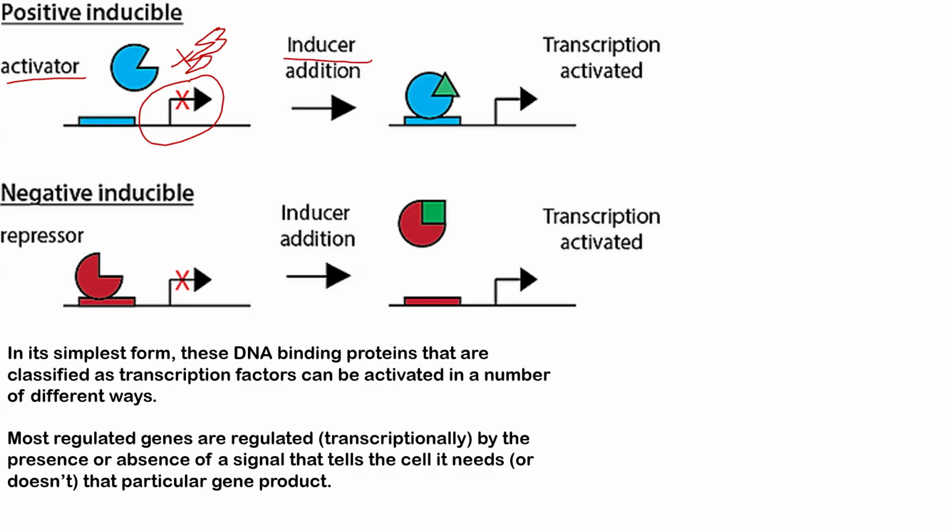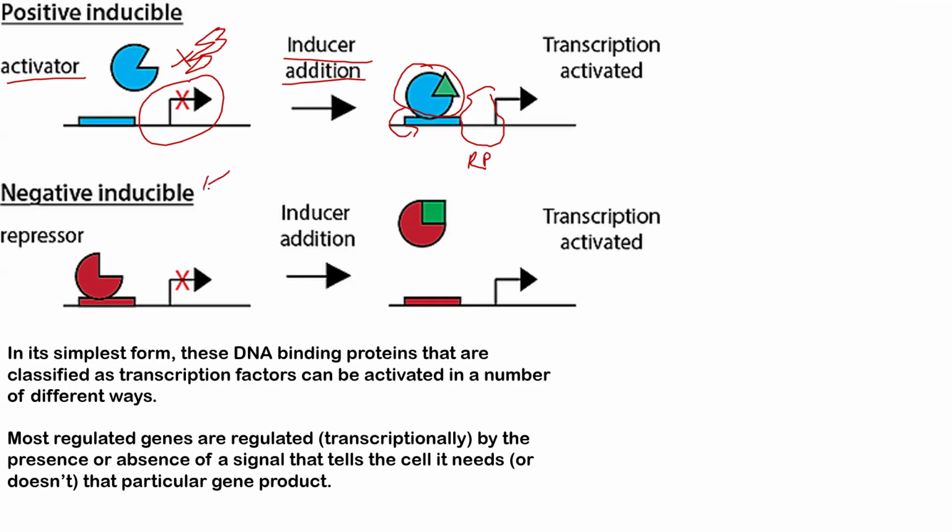However, when the inducer is added, it induces the transcription factor to bind its cis element, and then this activates the ability for RNA polymerase to bind the promoter, and it increases availability of that promoter, and therefore increases transcription and translation.